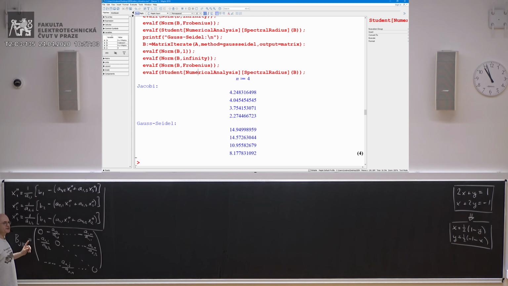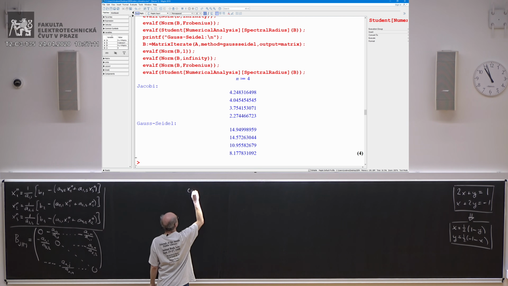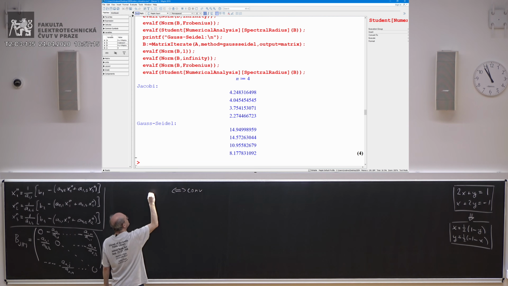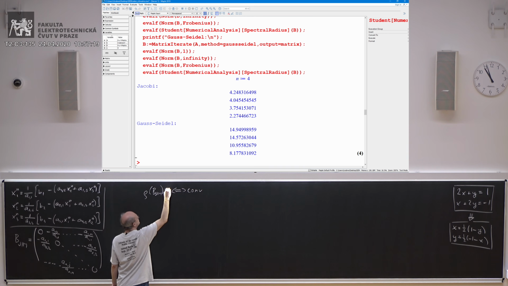Now, we would like to recognize convergence of iteration which corresponds to this matrix. So let's backtrack a little bit. Convergence. How do we get it? Well, we have a theorem. This is equivalent to the spectral radius of our matrix being less than 1.